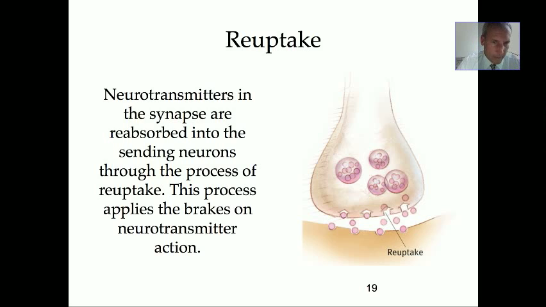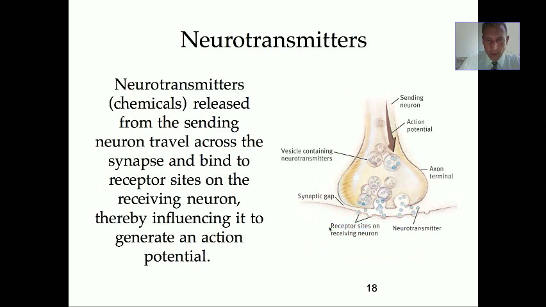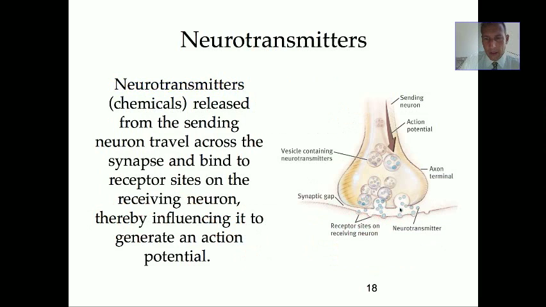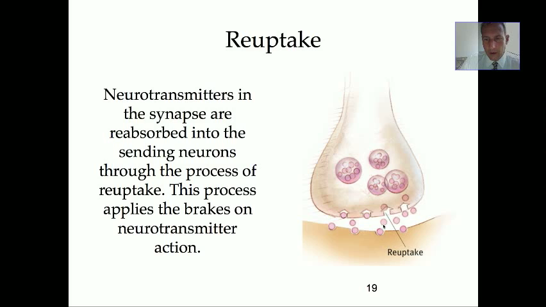And if you or anyone you know is on an antidepressant, that antidepressant most likely blocks this particular process from happening. It blocks reuptake. As a classification of drugs, they are called reuptake inhibitors. So if you're inhibiting reuptake, essentially you're increasing the ability of this neurotransmitter to work on the receiving neuron.